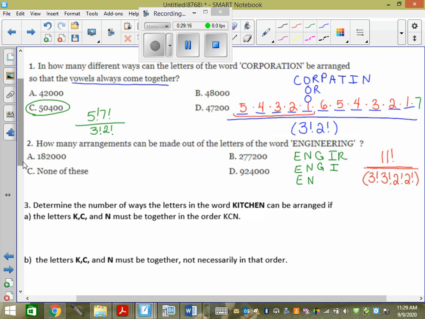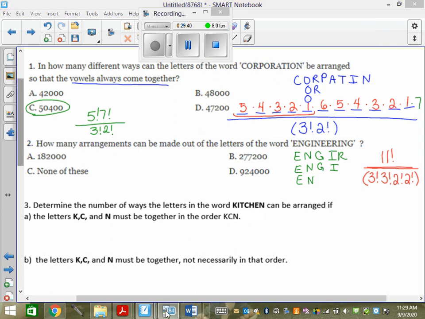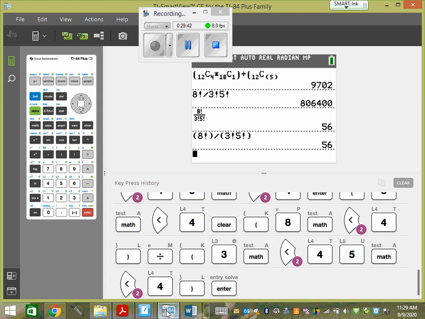What do we get for an answer? B? Do we agree? Yes, no, maybe so. Did anyone type it in the calculator? Is it B or not? It's B. 100% B. Oh, no, never mind, I didn't put it on.